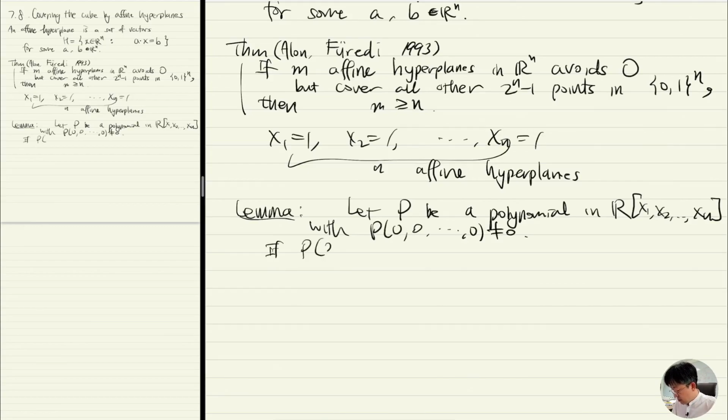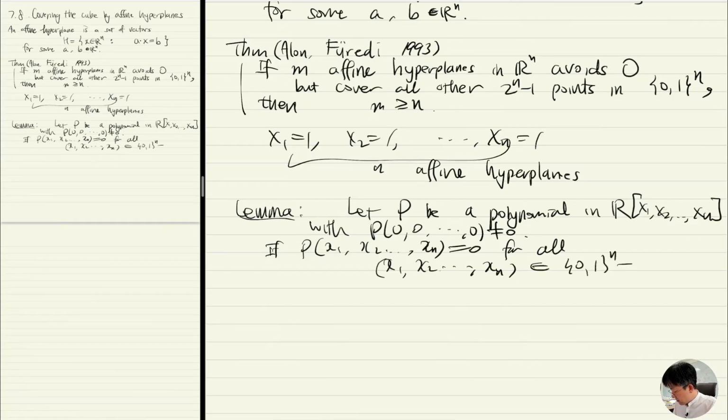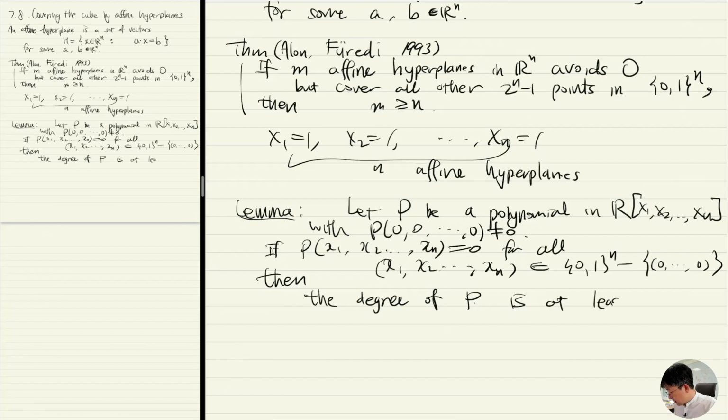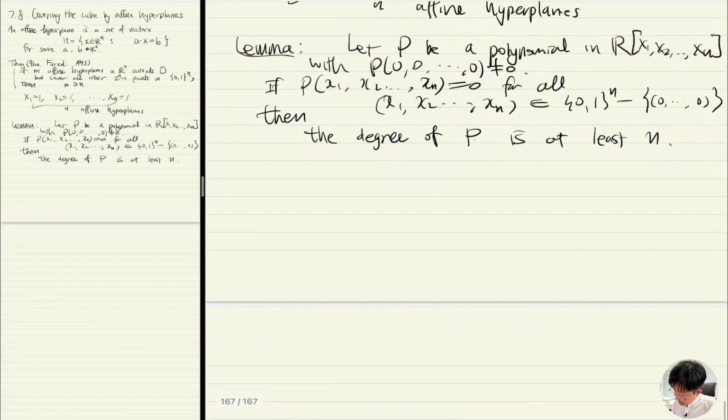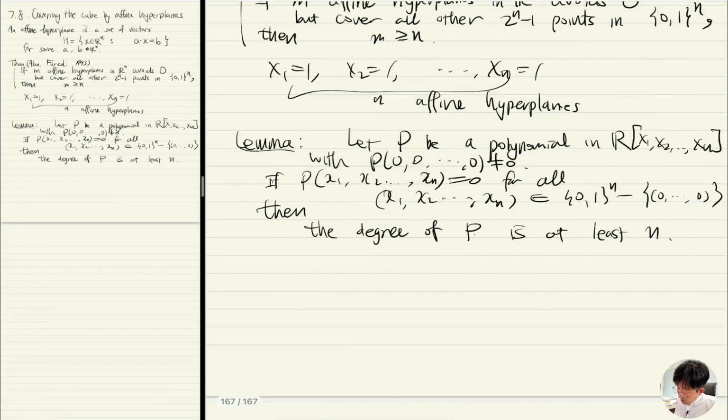If P(x1, x2, ..., xn) is equal to 0 for all (x1, ..., xn) in {0,1}^n minus the origin, then the degree of P is at least n. Now, if we assume this lemma, then we can prove the Alon-Brady theorem.